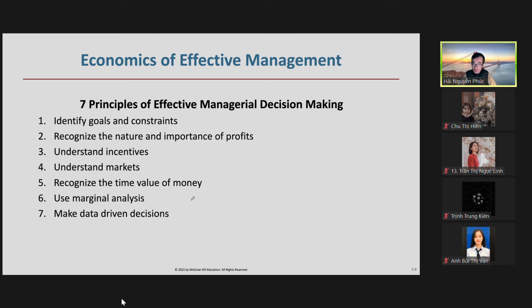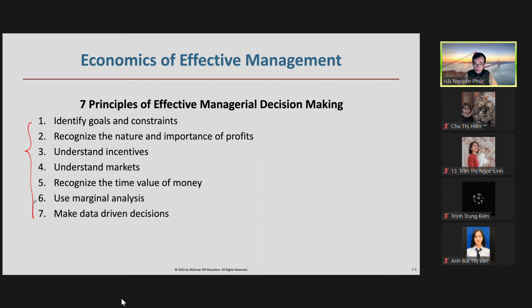Here are the 7 principles of making decisions. I'm not going to talk in much detail, because they're pretty simple. First of all, if you are a manager of a company, you have to clearly identify the goals. You have to acknowledge the constraints you face. You have to recognize the importance of profits. You have to understand the role of incentives, how to create incentives. You have to understand the market forces, supply and demand.